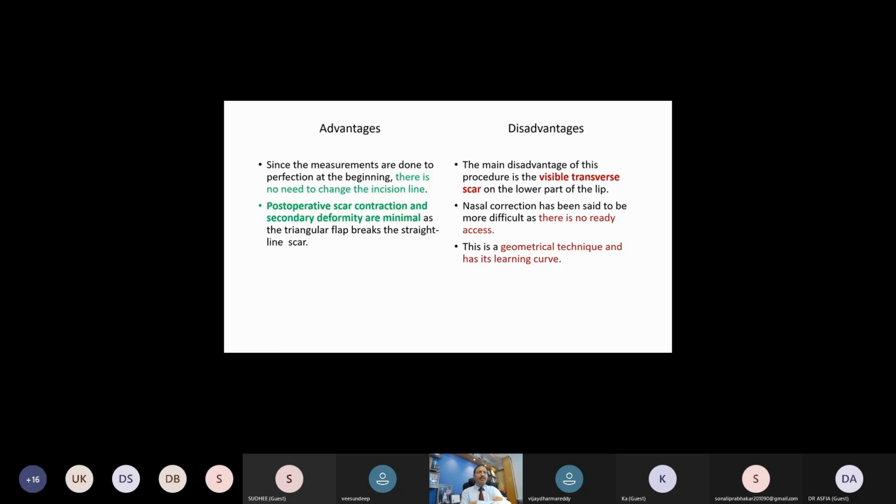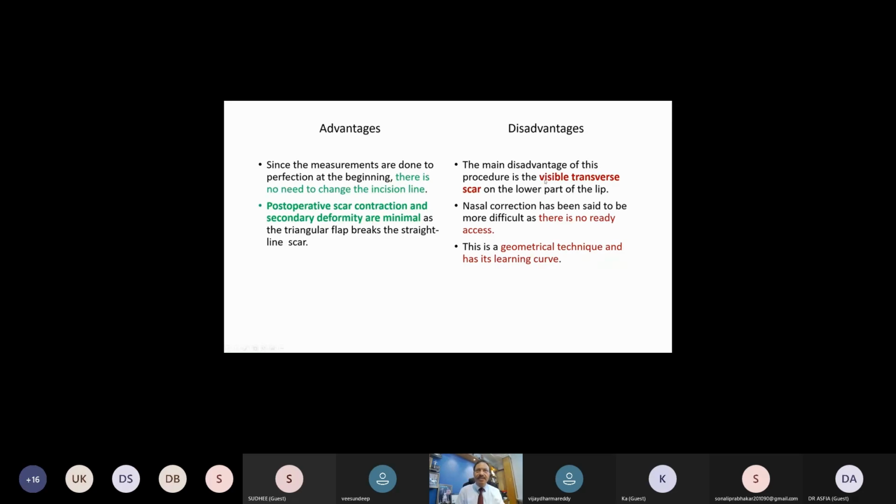Now, the advantages of Randall Tennison are that since the measurements are done to perfection at the beginning, there is no need to change the incision line. And also, the post-operative scar contracture and secondary deformities are minimal, as the triangular flap breaks the straight line scar.